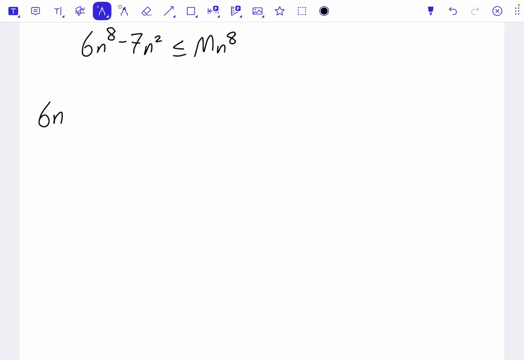So 6n to the power of 8 minus 7n squared. Again, we want to simplify this to something that is greater than the original side, so it can fit right here. So how do we do that? I guess we could probably use the factoring out trick.